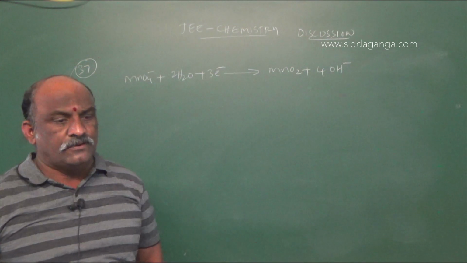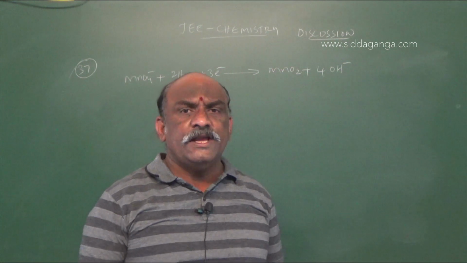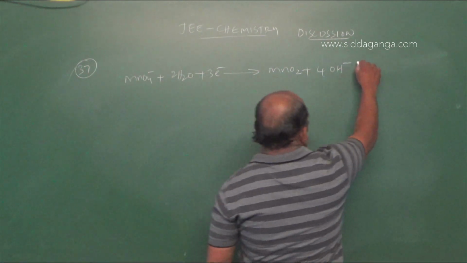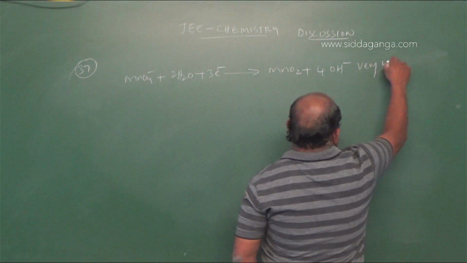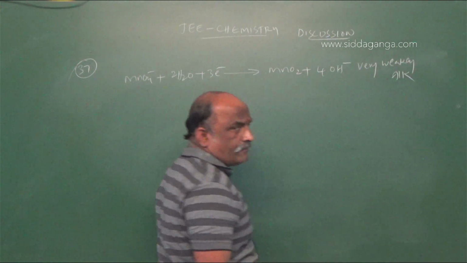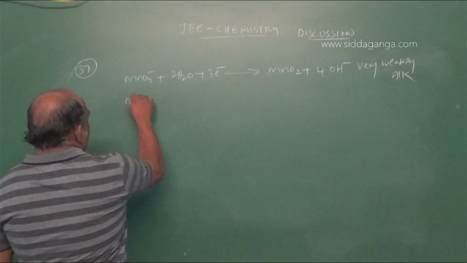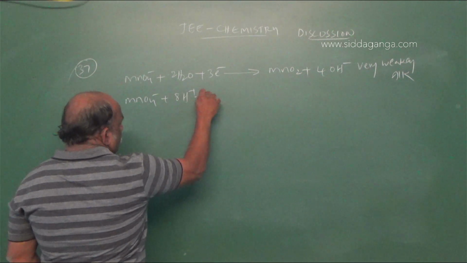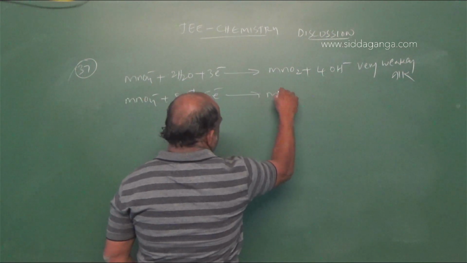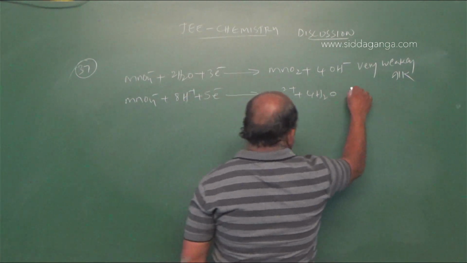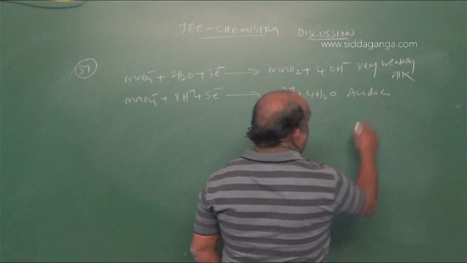This is very weakly alkaline medium. And MnO4 minus plus 8H plus plus 5 electrons gives rise to Mn2 plus plus 4H2O. This is in acidic medium.